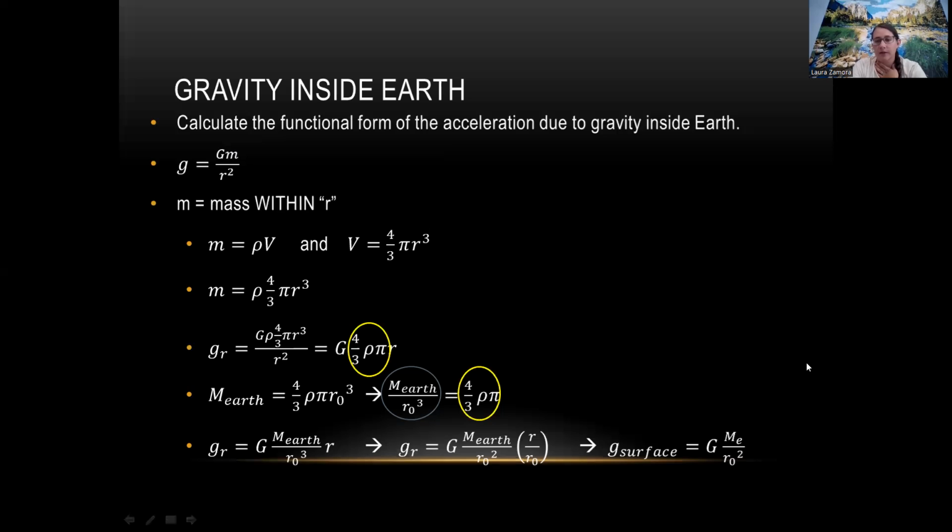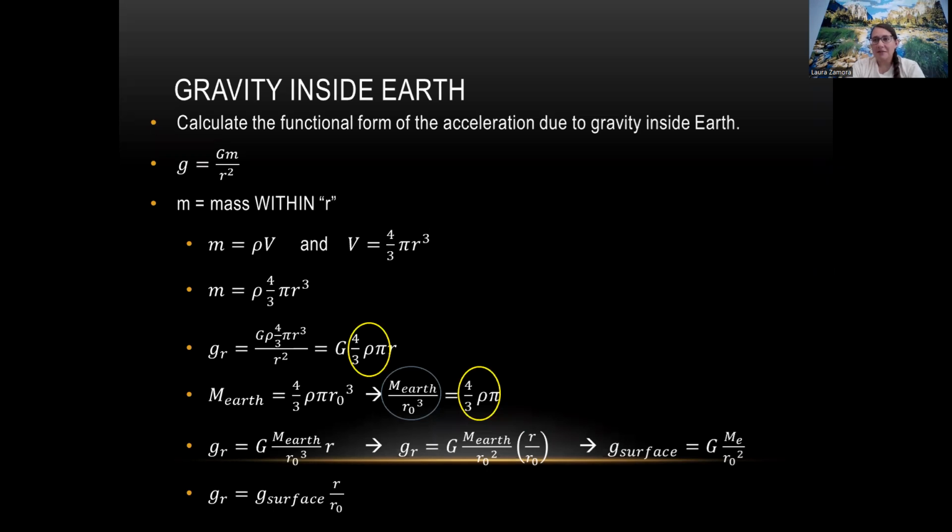So that's that equation. Now that we know that, and we see these similar terms in both equations, we can relate the acceleration due to gravity at any radius inside the Earth to the acceleration due to gravity at the surface. And we saw that they differ by this factor of the radius the ball is at, divided by the radius of the Earth.